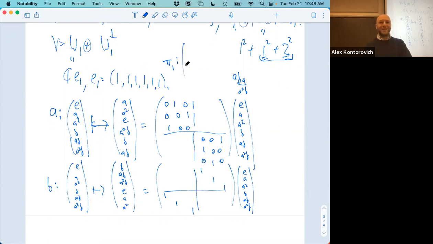Pi 1 sends E the class of A or the class of B. Well, pi is the character because it's a one-dimensional representation, and the trace of a one-dimensional representation is just the value. It's a 1-by-1 matrix in this case.